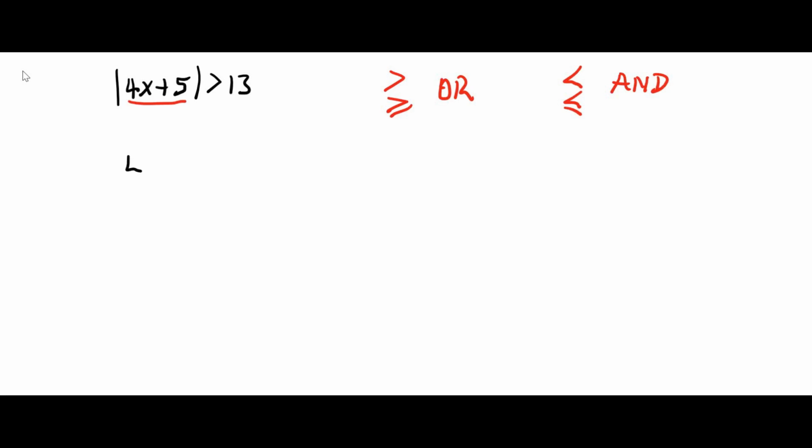So we now have 4x plus 5 is greater than 13, or, because the inequality sign is greater than, so we are making use of "or". 4x plus 5: now you can reverse the inequality sign and change 13, which is positive, to negative. So this will become less than negative 13. I hope this makes some sense.